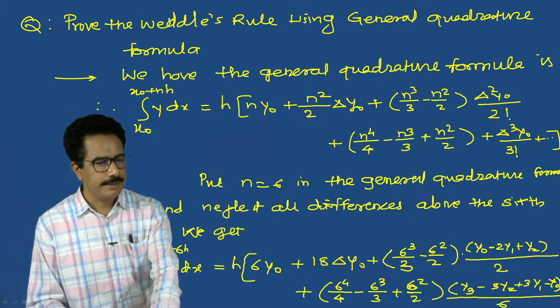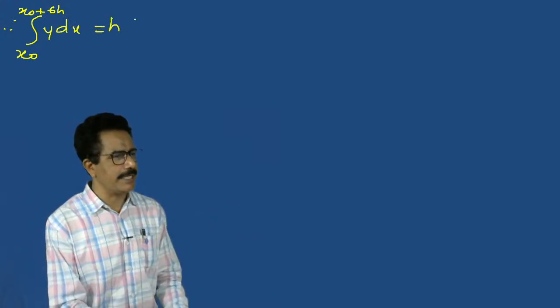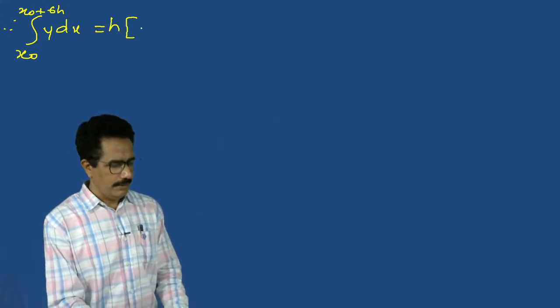So we will get the value, therefore the integral from x0 to x0 plus 6h of y dx. If we solve this term, then we will get h into, what is that value?